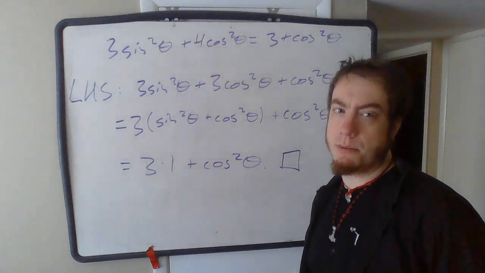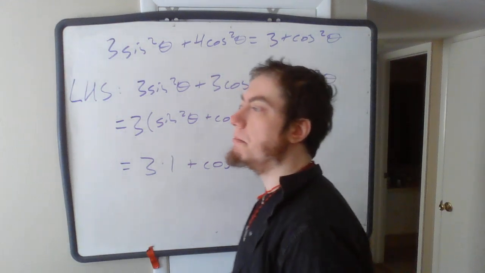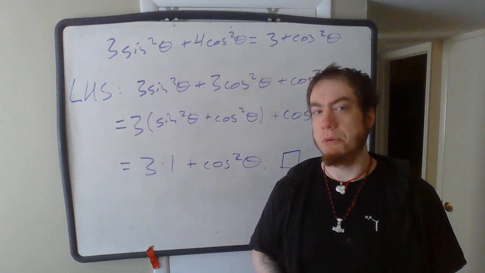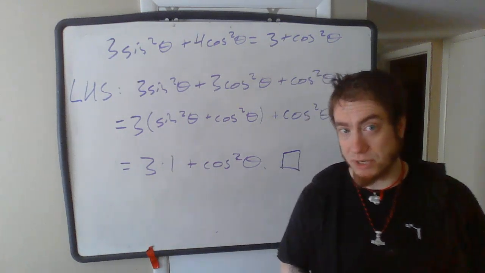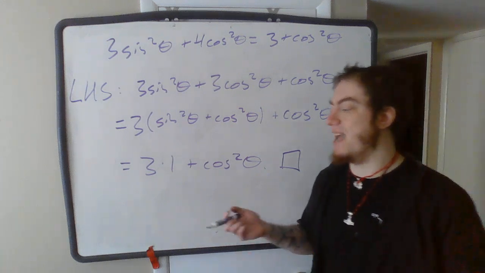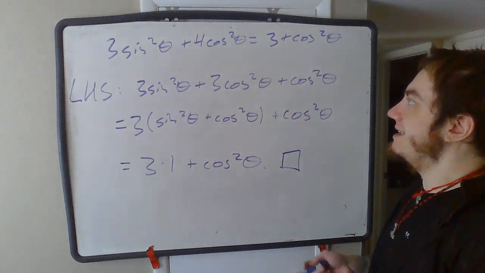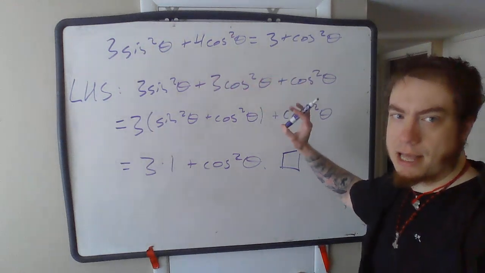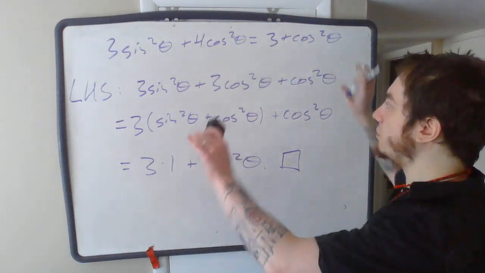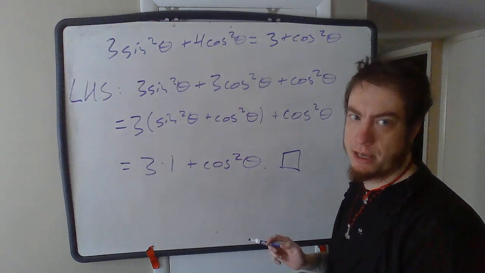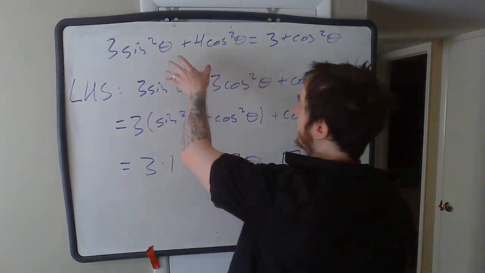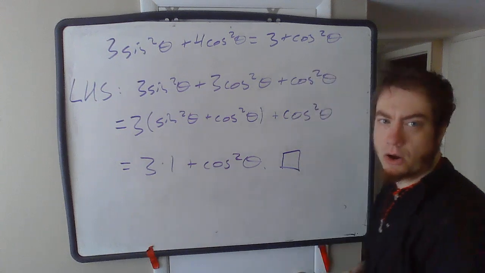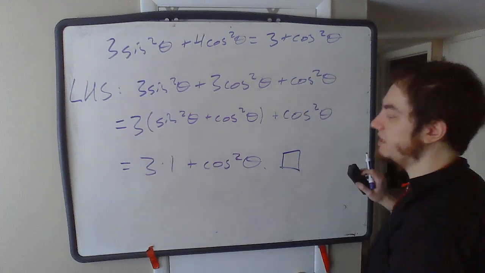Basically, the issue is you might end up multiplying or dividing by 0 by accident, and you don't want to multiply or divide by 0, of course. For that reason, it's just simpler to simplify one side at a time and see if we can get both sides simplified to the same thing. Often, you can just simplify one side and you end up with the other side. All right, so hopefully that made sense to you guys.